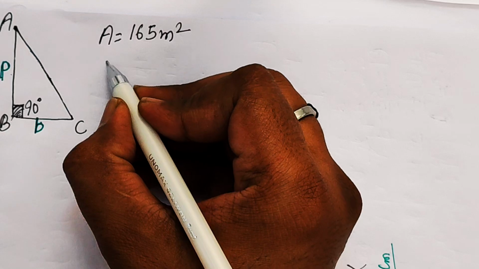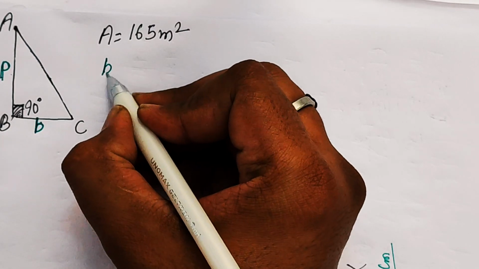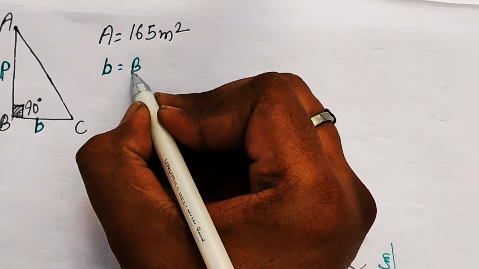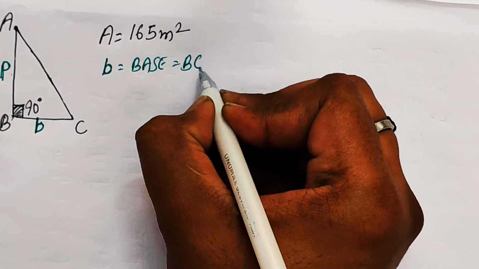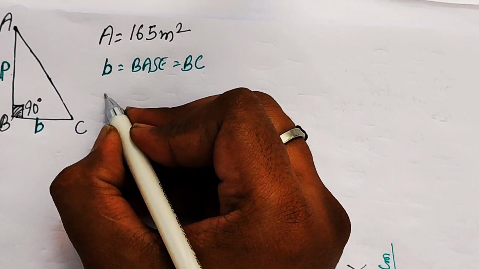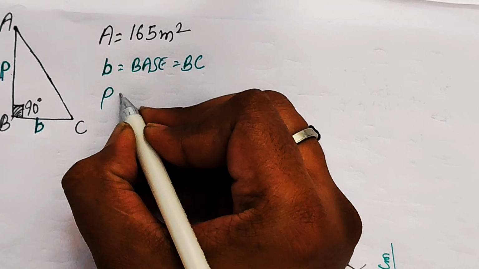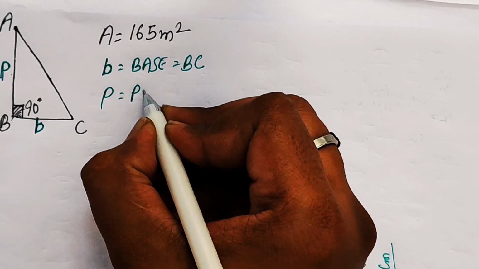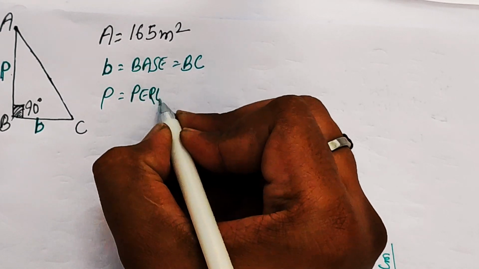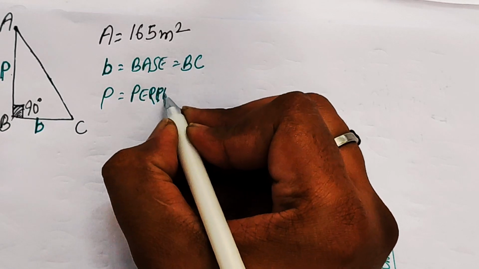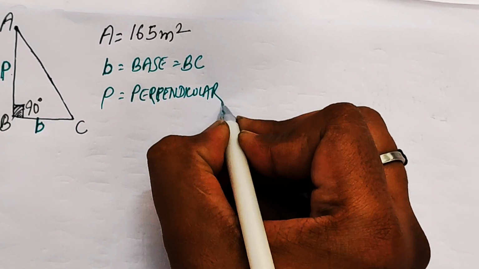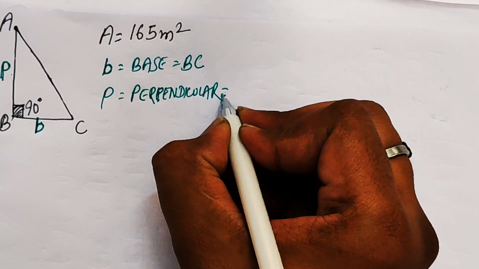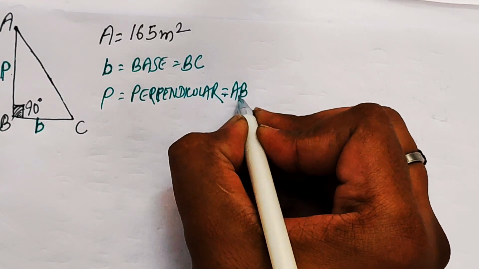That means if the base is B, which is equal to BC, then P is the altitude or perpendicular, which is AB.